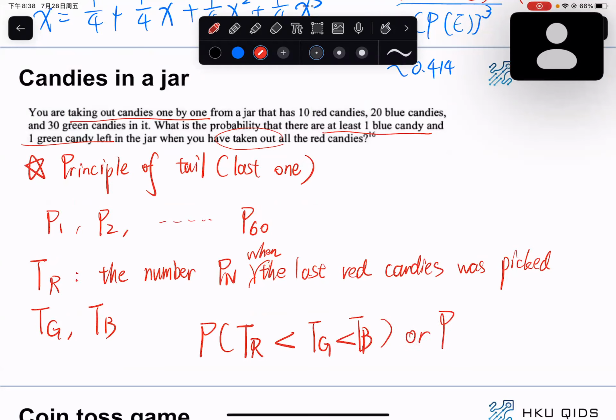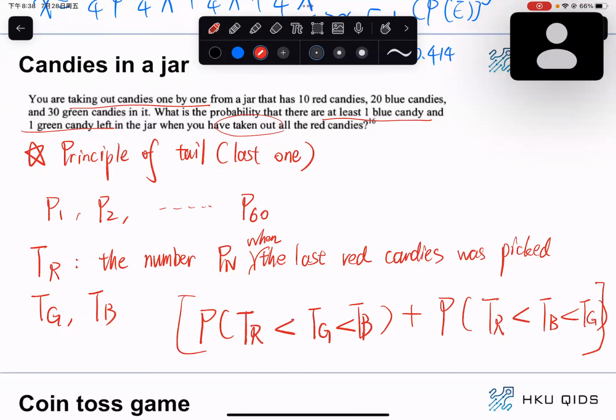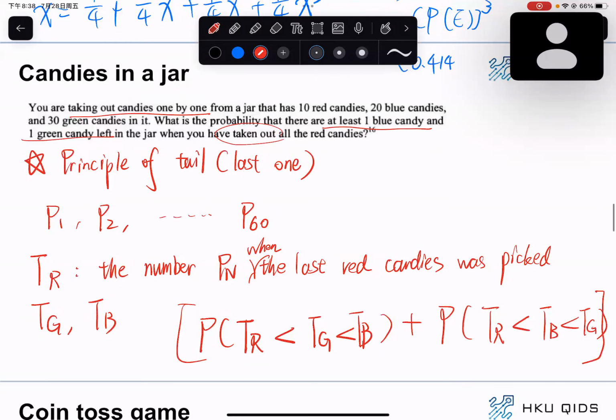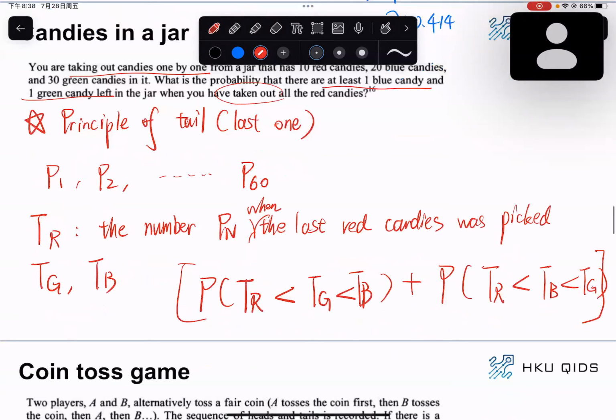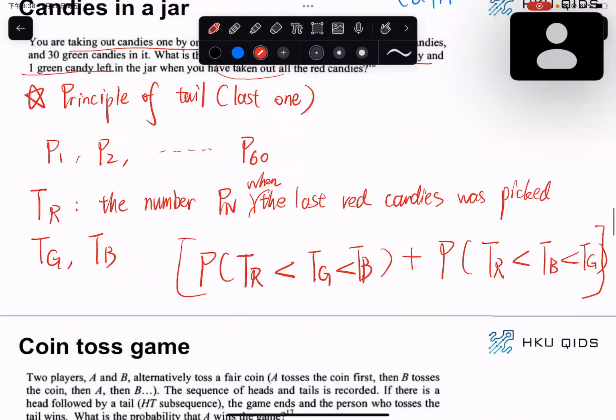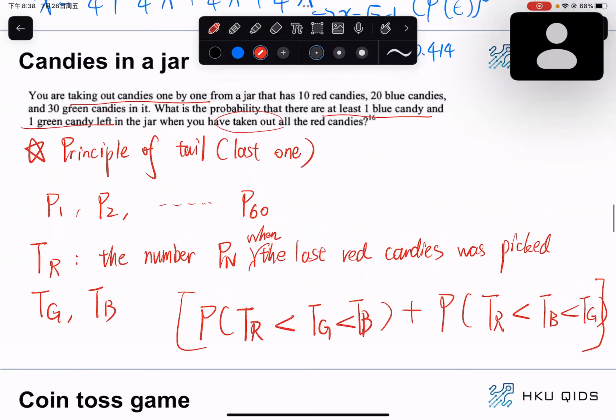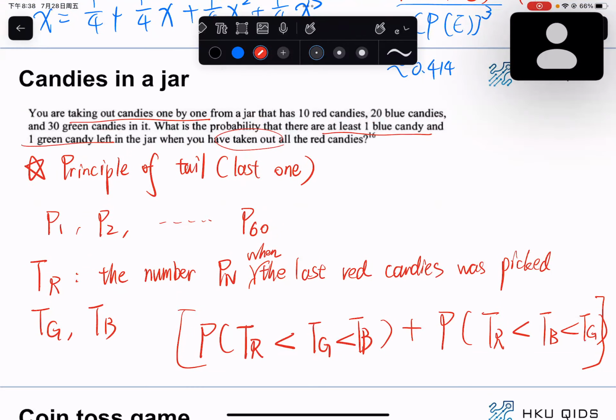and since these two are mutually exclusive, we can take the sum: T red smaller than T blue smaller than T green, or T red smaller than T green smaller than T blue. So we just need to calculate these two things. Then let's break down these two probabilities. Let me insert a page here.